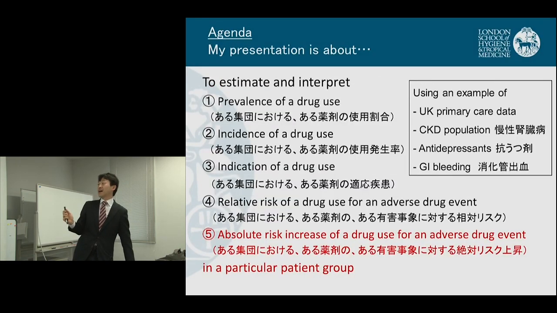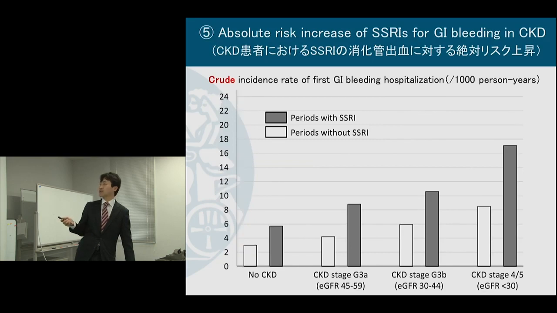Okay, so, absolute risk increase of a drug. This was the crude incidence rate of first GI bleeding hospitalization. I illustrated the incidence rate by kidney function and periods with and without SSRI. And obviously you can see periods with SSRI are higher than periods without SSRI, and this is increasing with every kidney function decline.